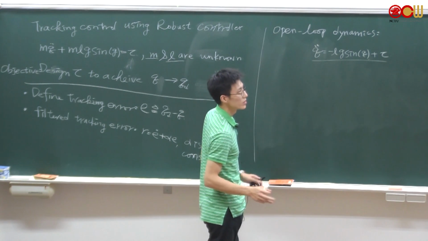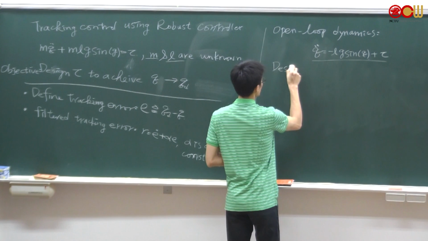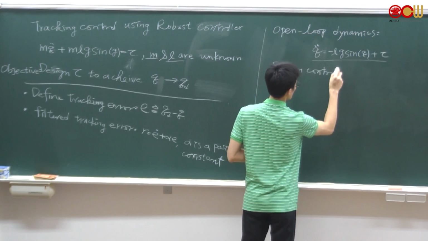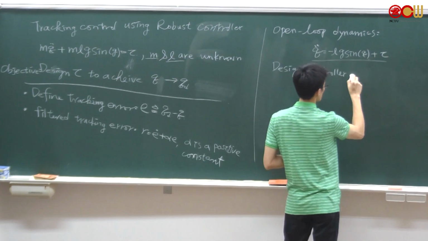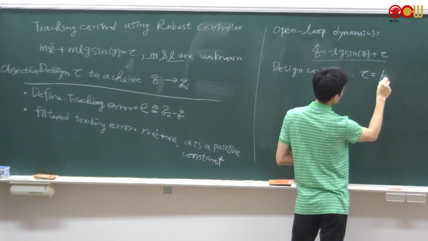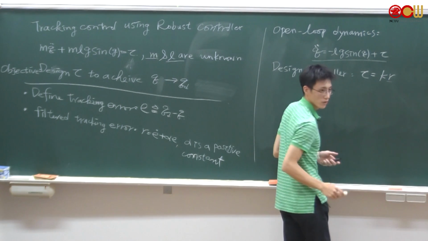And let's say we design a controller as tau, a feedback term, KR, because R is now the filter tracking error.